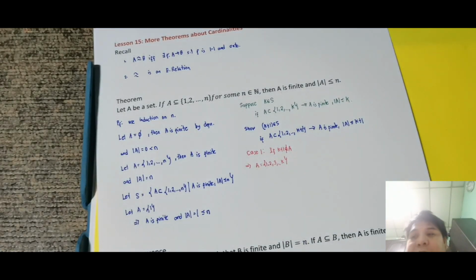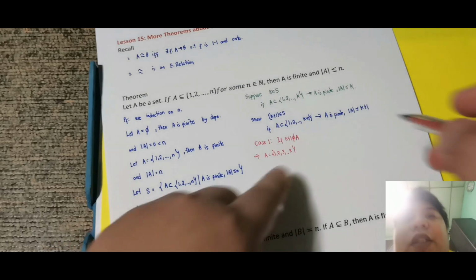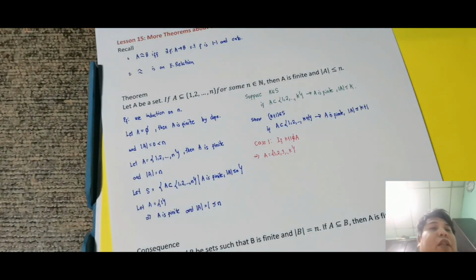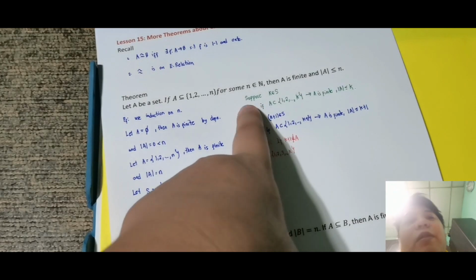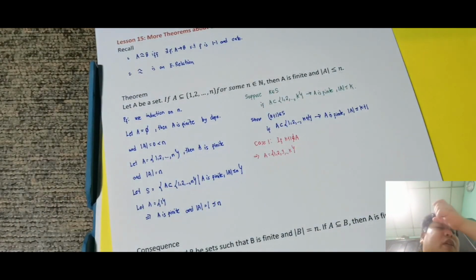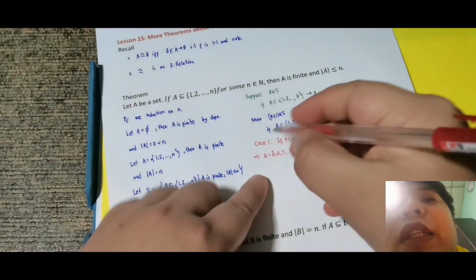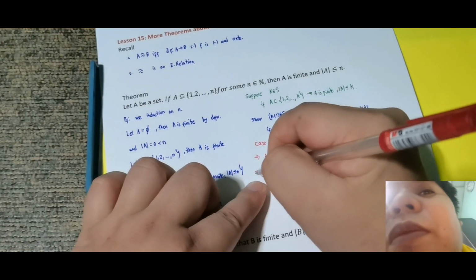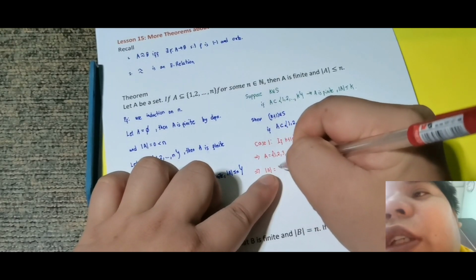Okay, which implies na subset lang din ito ng {1, 2, 3, ..., k}. Ito yung ating induction hypothesis, yung kulay green. So by induction hypothesis, ano masasabi mo? Yung cardinality ng A natin, ano cardinality ng A natin dito? So this implies na yung cardinality ng A natin is equal to k lang.